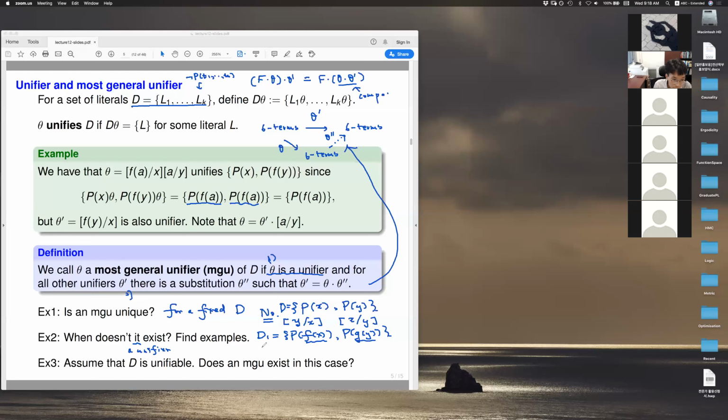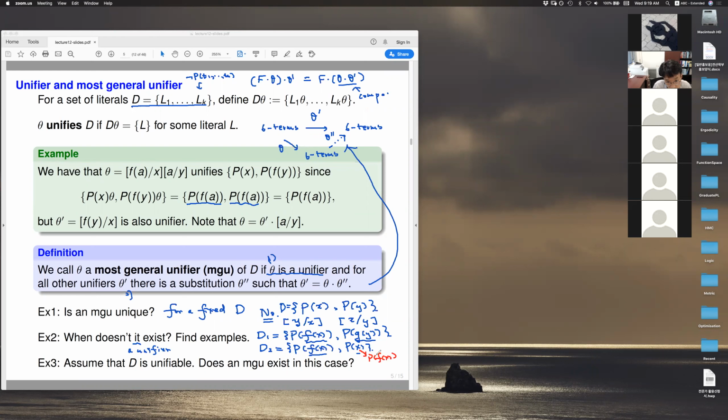And then the other case is like this. This is maybe less clear. In one case we have f of x, in the other case we have x. Now, if you want to apply substitution, you might say, what about just replacing x by f of x? Then this term will become p of f of x.